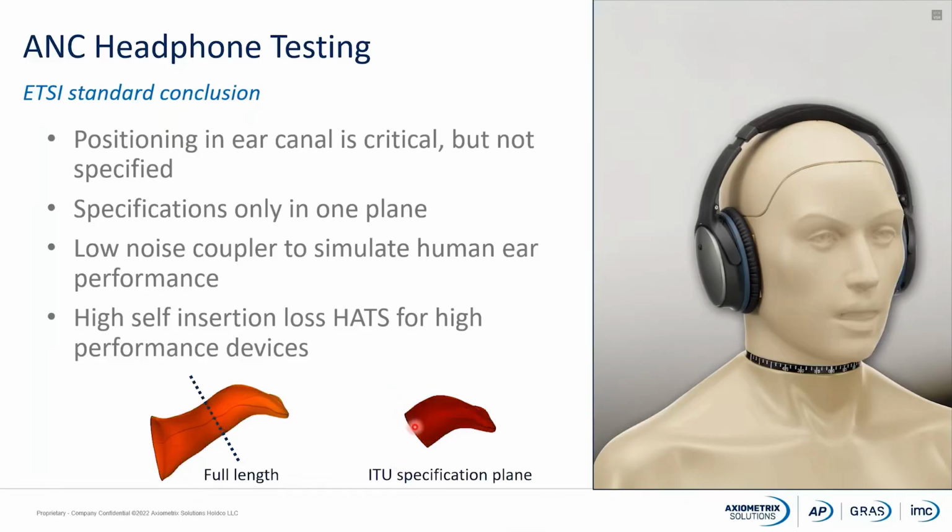But if we move the device a couple of millimeters away from the reference plane, the transfer impedance curve is going to change significantly, as I showed you before. Low noise ear simulators like the 43 dB are recommended whenever we would like to measure the self noise of ANC, the ANC circuit noise, and also high self-insertion loss test fixtures are recommended for high-performing ANC devices.